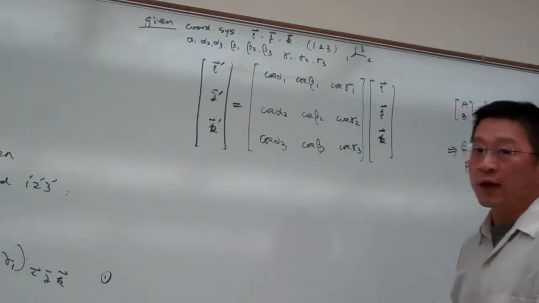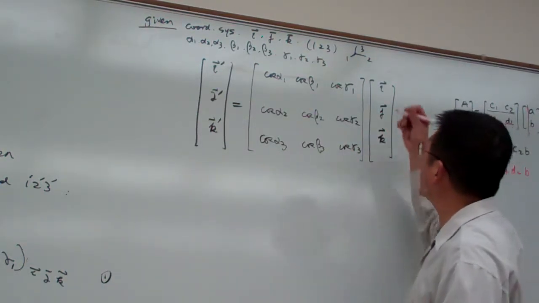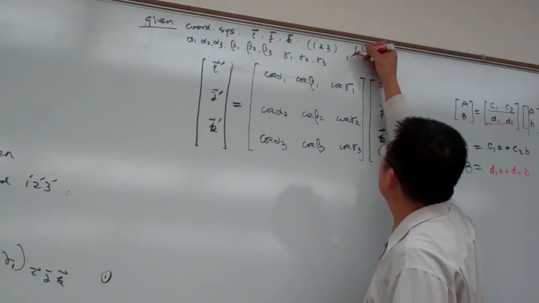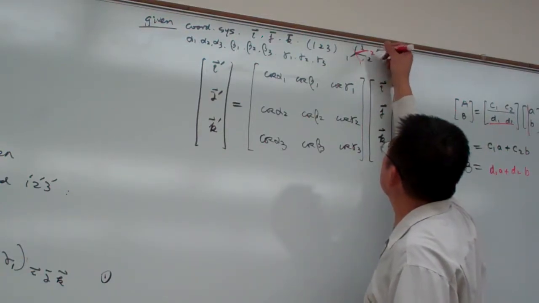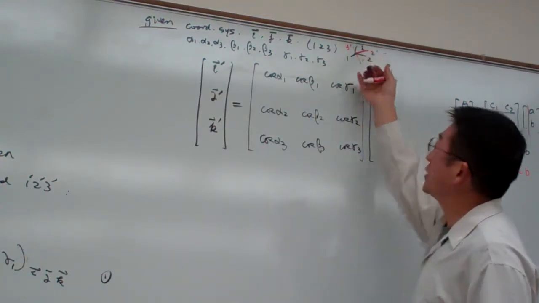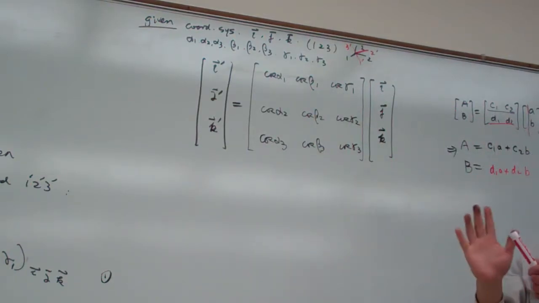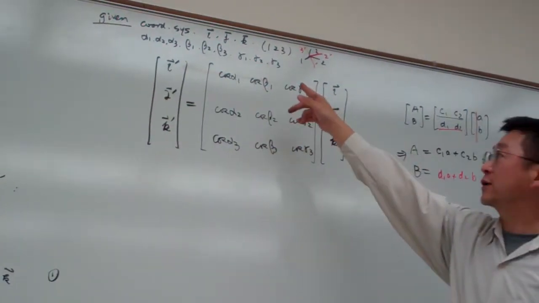That means we know the relative configurations between the two coordinate systems. We know how they relatively respect each other, the relative orientations.